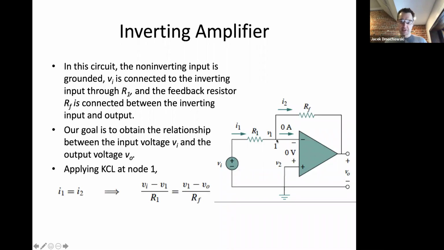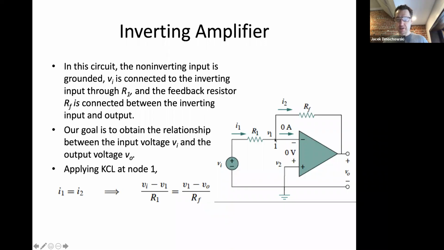So let's apply KCL at node 1, where my cursor is. The current I1 is equal to VI minus V1 divided by R1. No current flows here, right? Because of our ideal op amp assumption, with the infinite input impedance in here, it's not going to suck in any current.